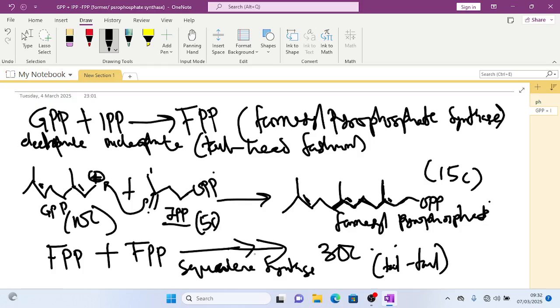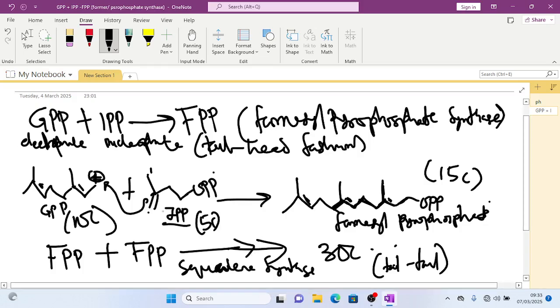It's a tail-to-tail combination of two farnesyl pyrophosphates to give us a 30-carbon squalene. Just squalene, 30-carbon squalene. So we look at the reaction without looking at the specific mechanism, just the structure of what squalene looks like.